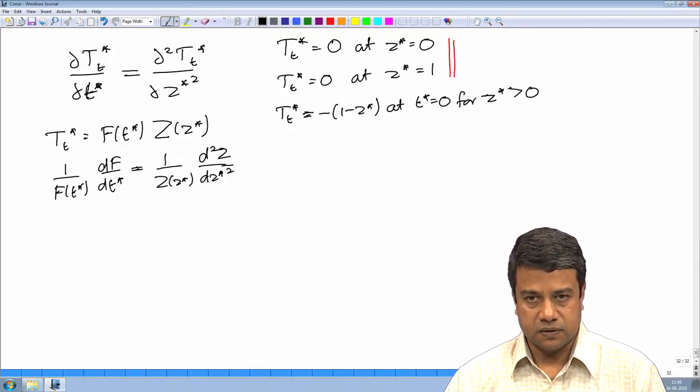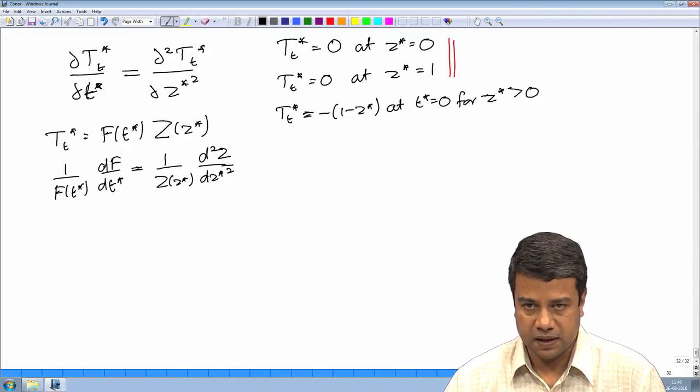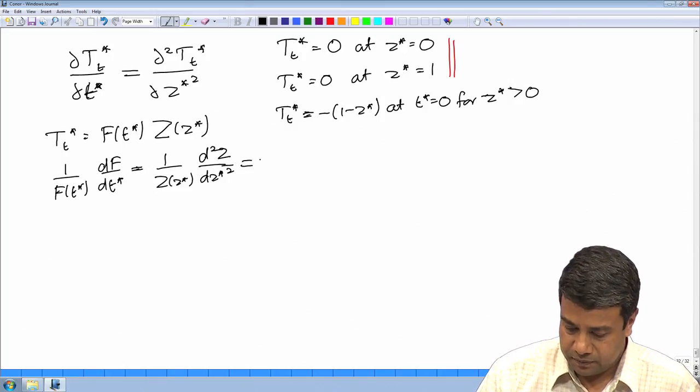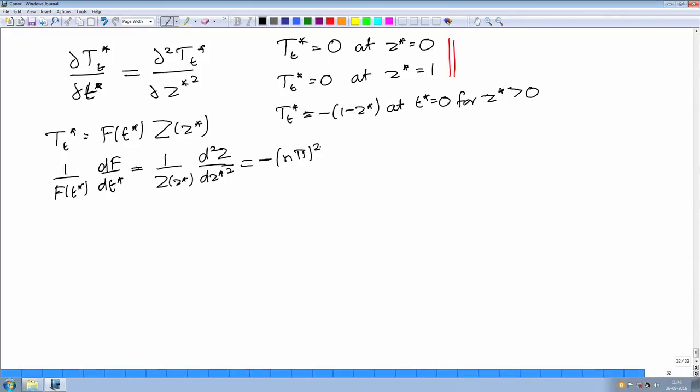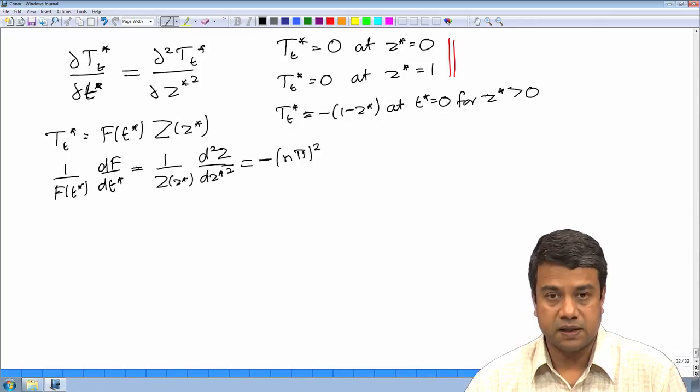You get a non-trivial solution only if the constant is negative and it's equal to minus of n pi the whole square, where n is an integer.